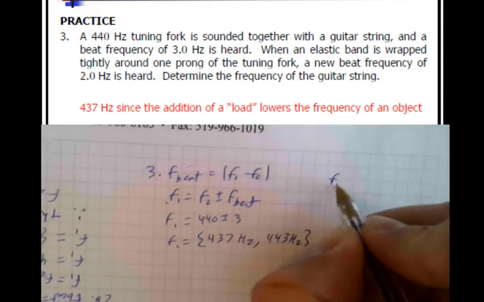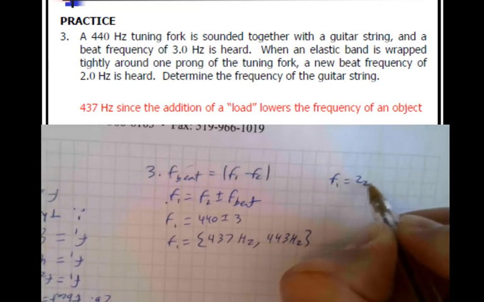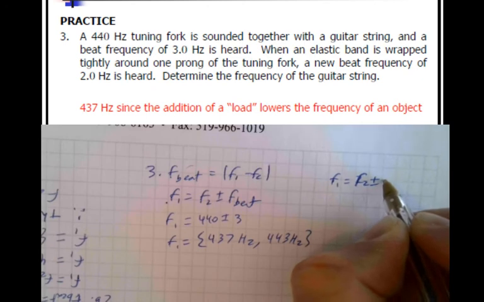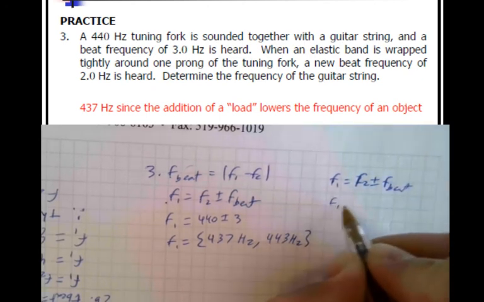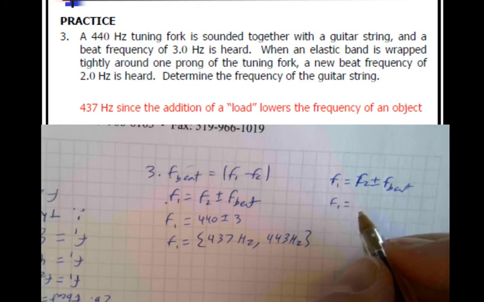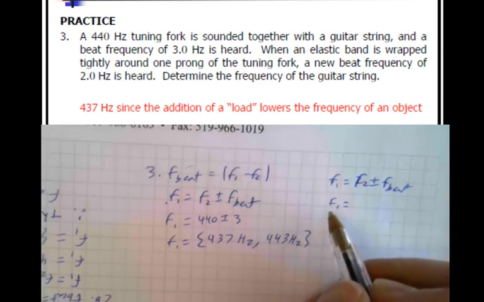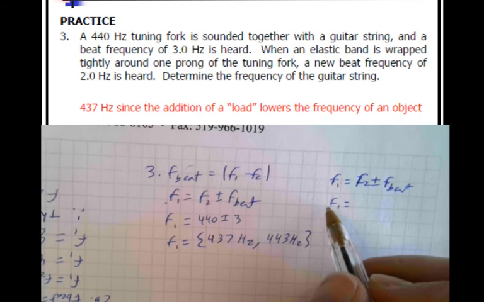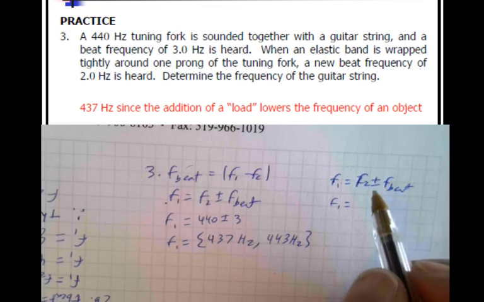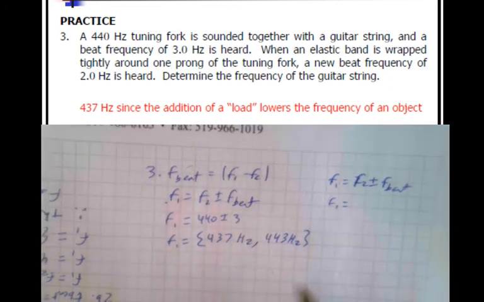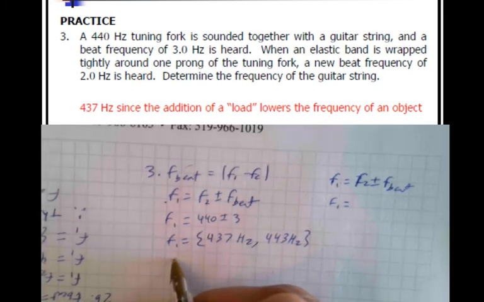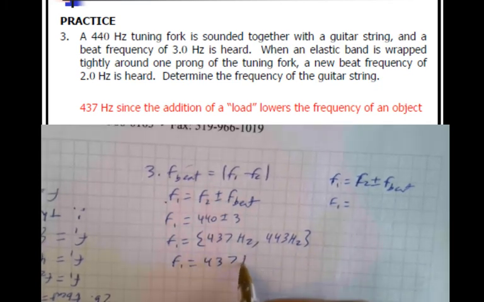In our second case, we have an elastic band tightly wrapped around one prong of the tuning fork, and we have a beat frequency of 2. Well, actually, this is interesting because we don't need to do any calculation here. If we hear a beat frequency of 2, that means that wrapping something around would lower the frequency, so we would have to go to the lower value. So we can now just state, given this information, that F1 equals 437 hertz.